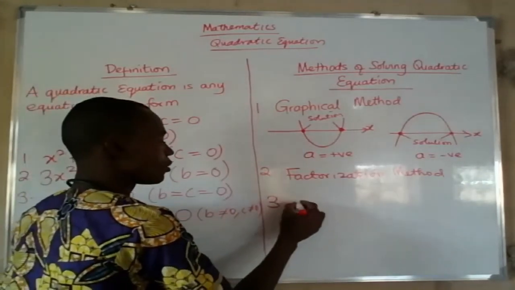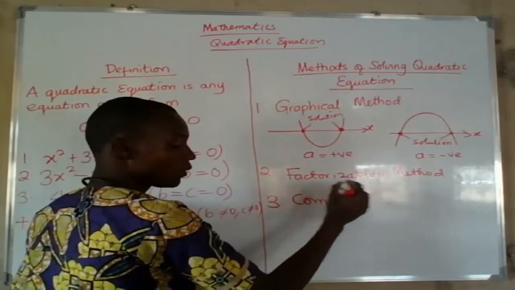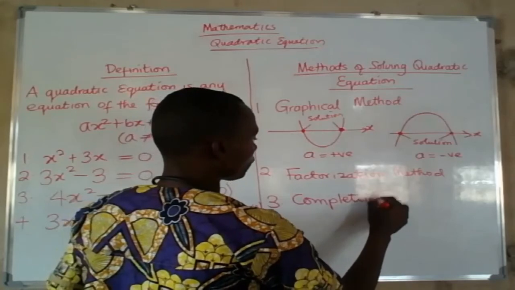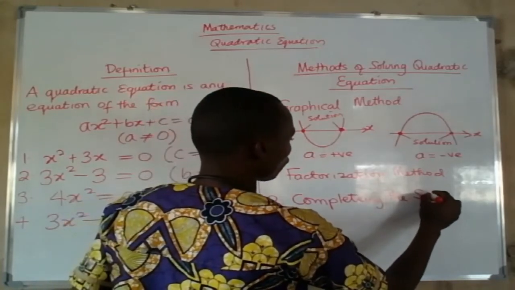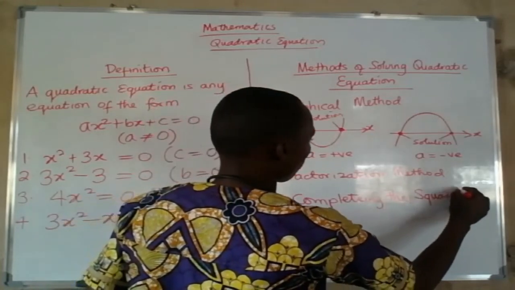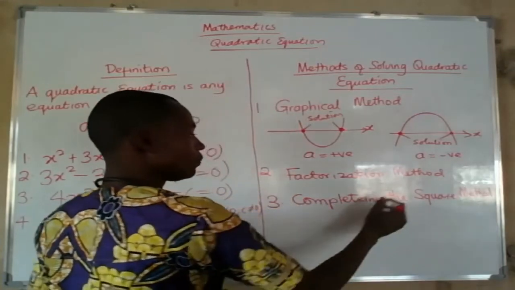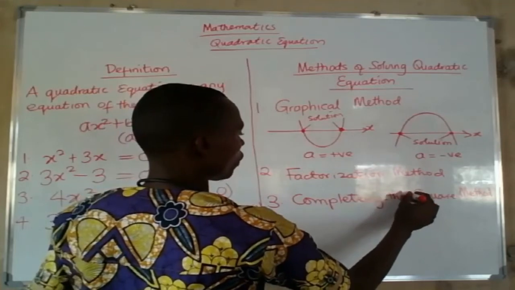Another very important method is called the completing the square method.